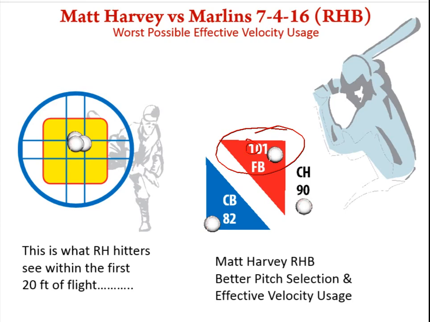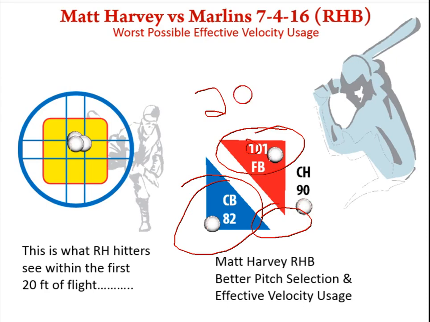Not only does it maximize the speed of the pitch, but instead of using a slider in this part of the strike zone, forget about the slider and start using the curveball at 83, 84 miles an hour, because that creates almost a 20-mile-an-hour differential with the same look out of the hand.